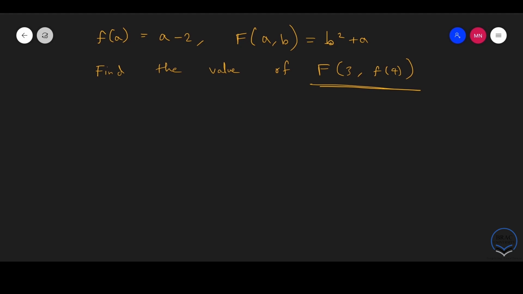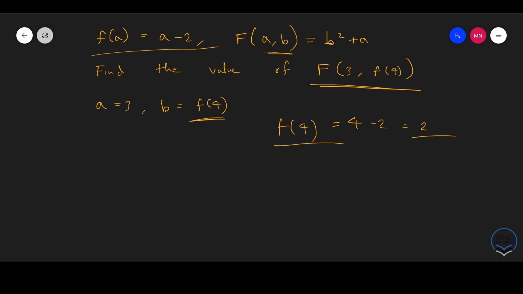In this case, we see that a is equal to 3 and b is just equal to f(4). And we can easily find the value of f(4), right? We just substitute 4 into this function. So we have 4 minus 2, we get 2. So f(4) is equal to 2.